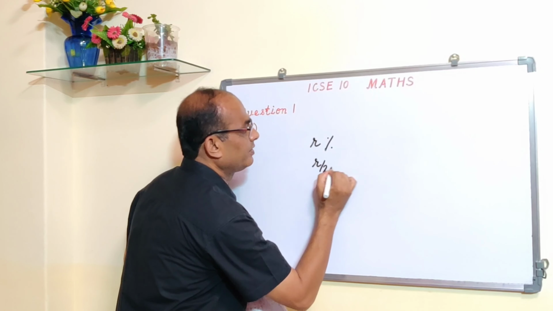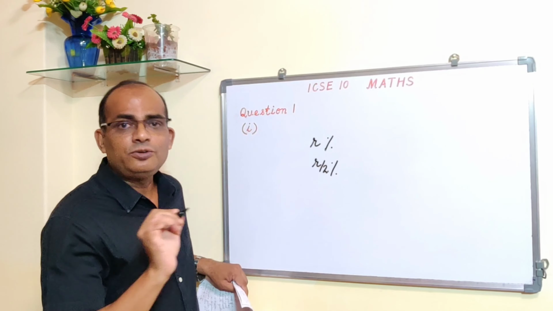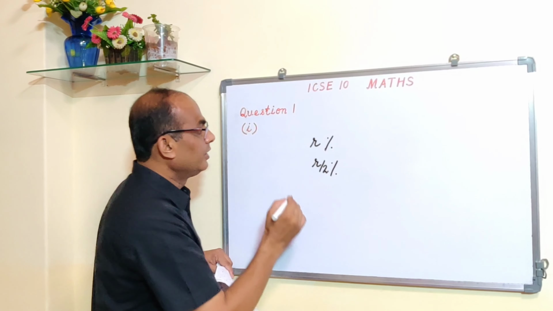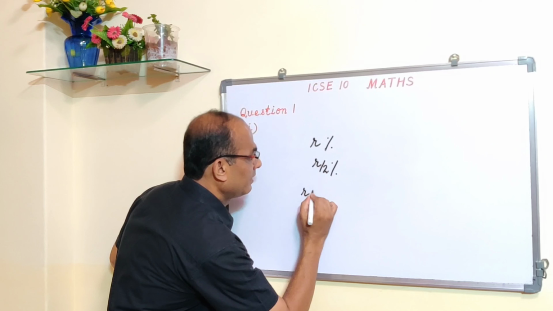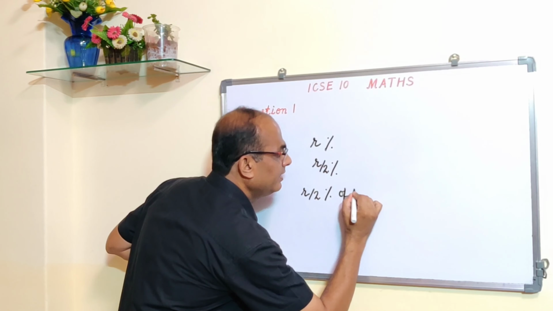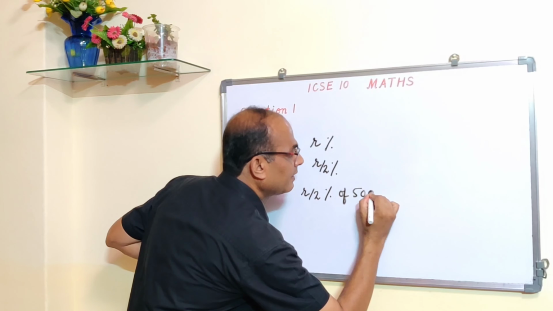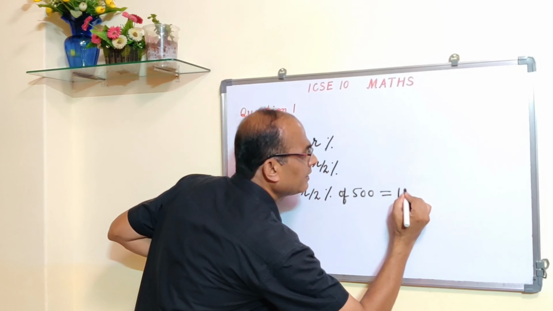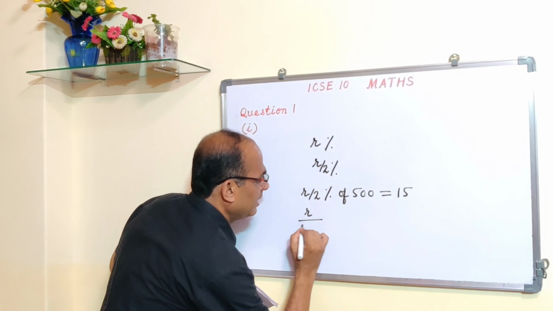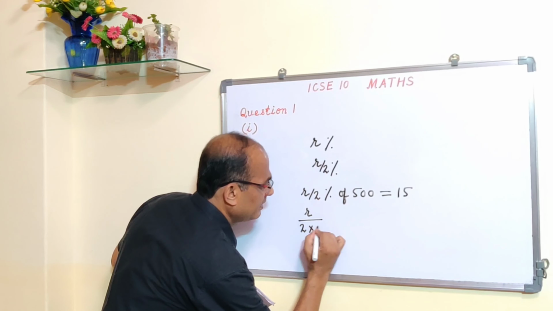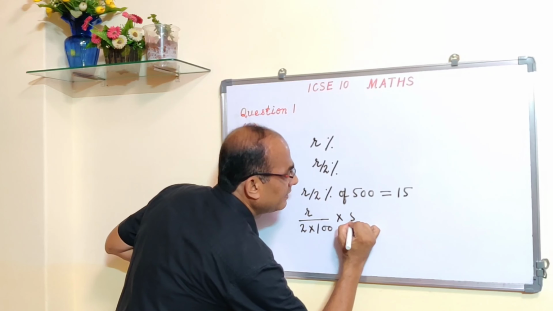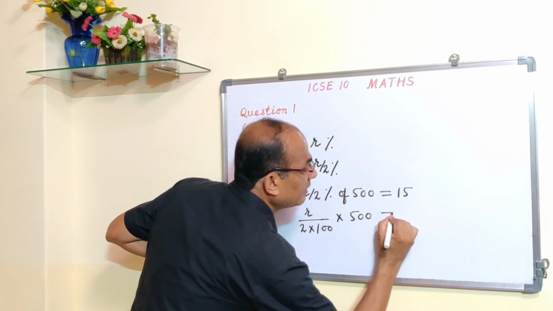Now, according to the question, R by 2% of 500 is equal to 15. That is, R by 2% of 500 is equal to 15.